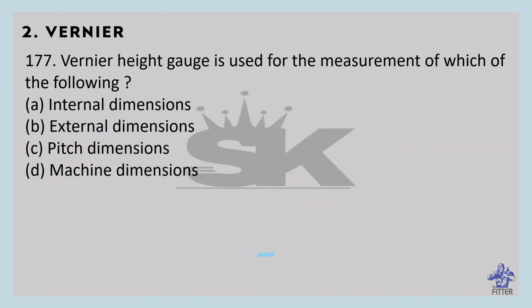Vernier height gauge is used for measurement of which of the following? So that is external dimensions. Vernier height gauges are used in metrology and metalworking to detect or measure vertical distances. Vernier height gauge is used to measure height or external dimension.